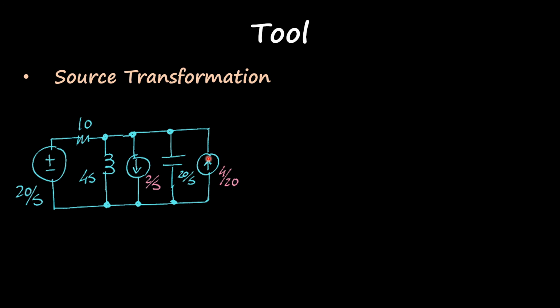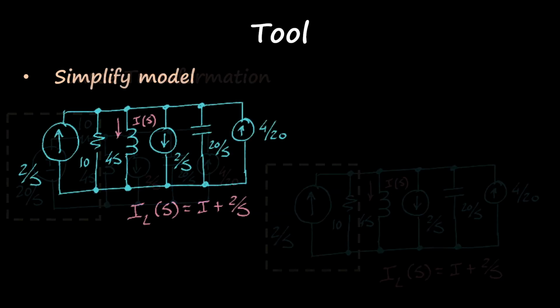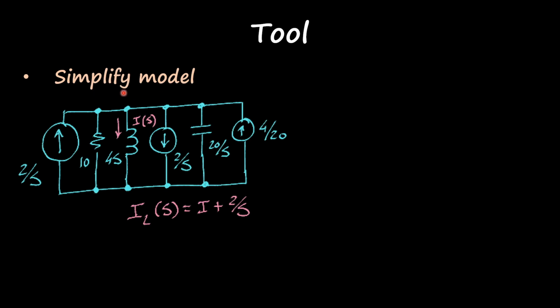All right, cool. So I have my circuit, and in this case, for now, I'm going to do a source transformation. So I'm going to pick up this voltage source and divide by 10. And if I do that, I get my current source over here. And still having this in mind, we don't need this for now. The next thing I'm going to do is simplify that model.